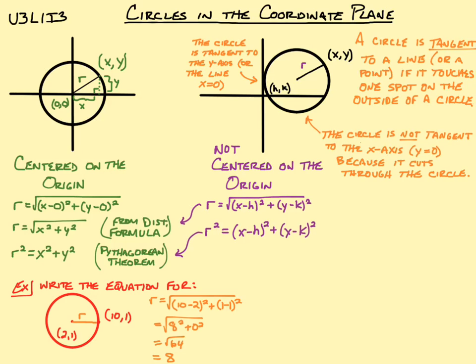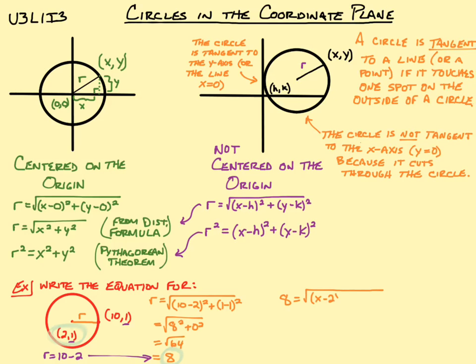Now, if you were paying attention, you may have noticed that these two points had the same y value. So that means it's on a horizontal line. So you could also have said, well, the radius is just 10 minus 2, and that would also give you a value of 8.